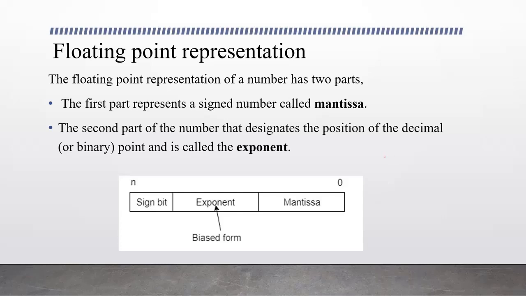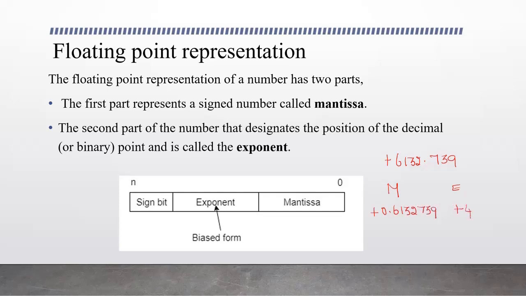So if we take a number plus 6132.739, the mantissa and the exponent part, we can write it as plus 0.6132739.